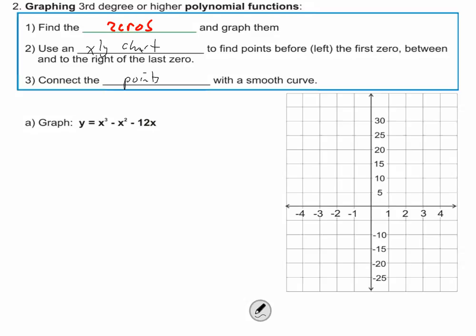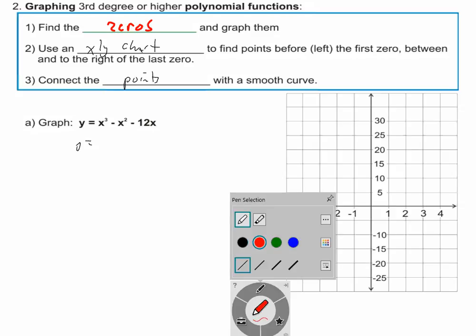I'm going to now find the zeros, so I want to factor. Thankfully, this thing factors, right? It's not going to cooperate. Got to do it this way. So I can factor out that common x. Don't miss that.